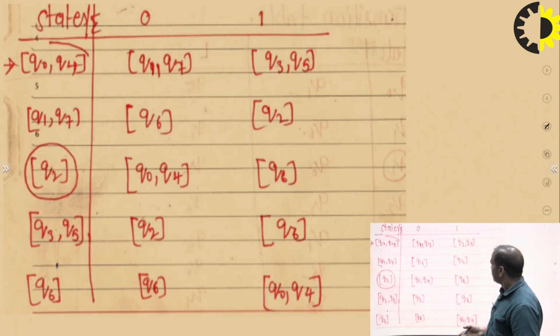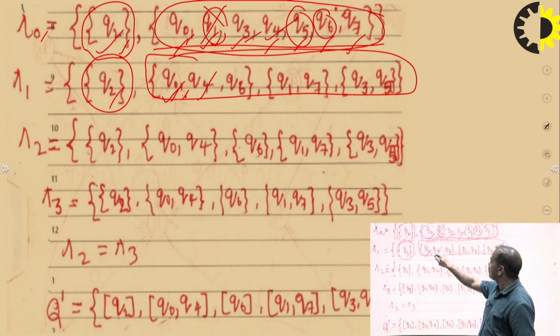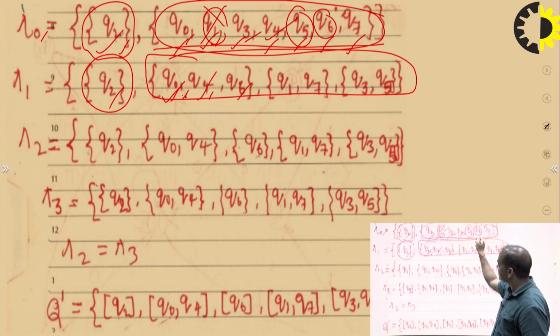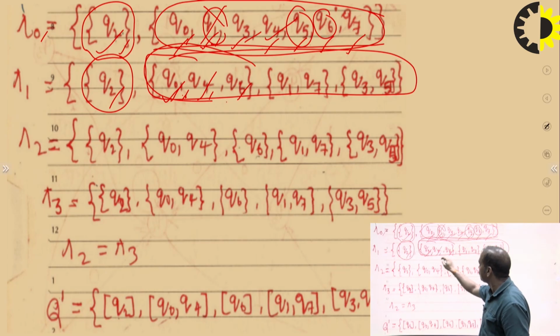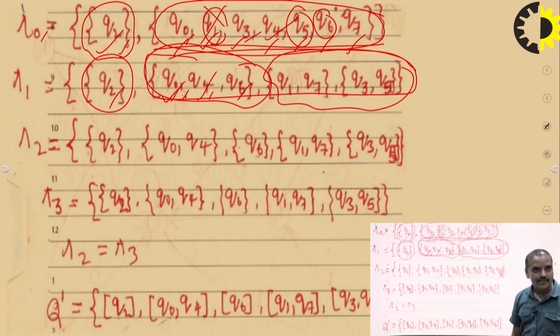After checking, one group is Q0, Q4, Q6, and the remaining states are Q1, Q7 together and Q3, Q5 together. We have to verify these in the next step.